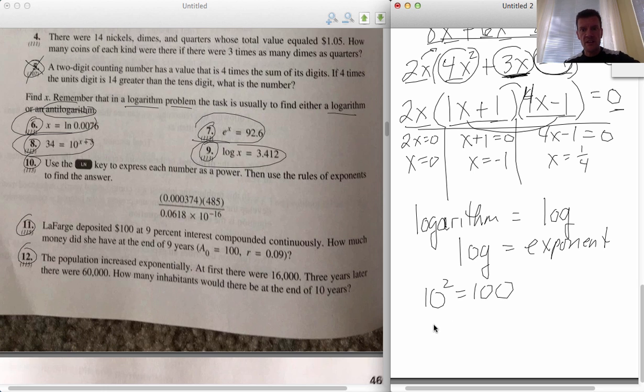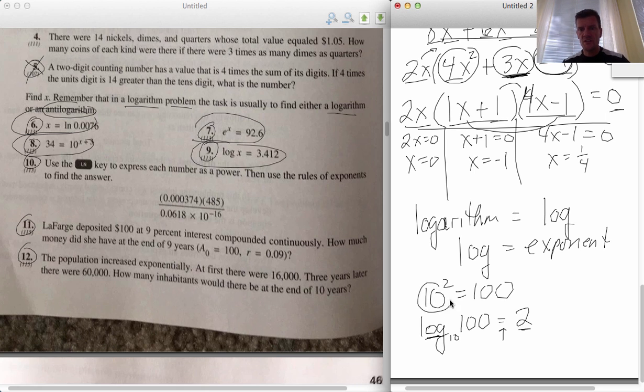Give me the exponent that I would raise 10 to in order to get 100. The way we write that question in mathematics is we say the log of 100 in base 10 equals what? And the answer is 2. Notice why I'm saying log equals exponent. When you take the log of a number, you're asking what is the exponent. But you always have to know what base you're working in.